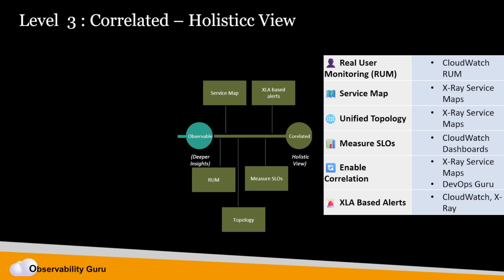Every application, if you want to improve reliability, you have to define what good means. So good is not debatable, it is well defined. So what we do as part of service level objectives is define what good means, and then we can develop alerts based on that, and we call these customer experience driven alerts.